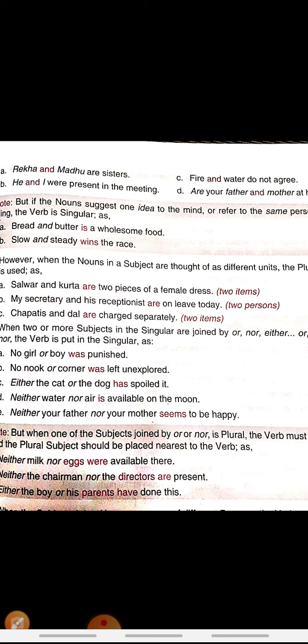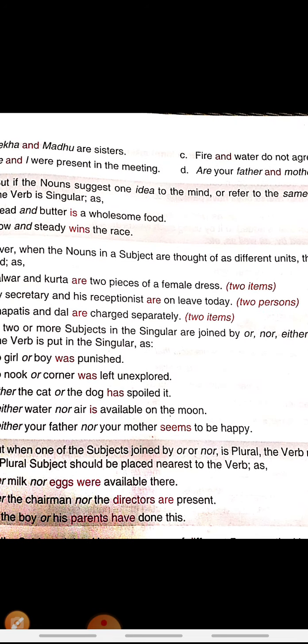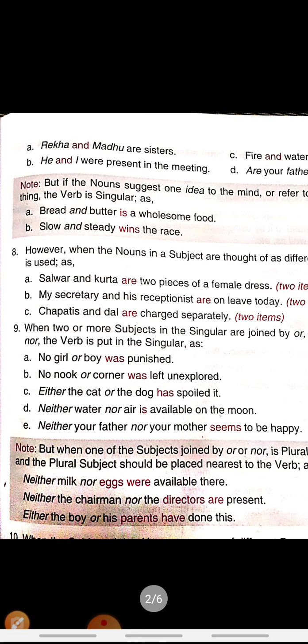And when the subjects are joined by or, either, neither, nor, and one of the subjects is plural, then we'll use a plural verb, and the plural subject should be placed nearest to the verb. See the examples now clearly.